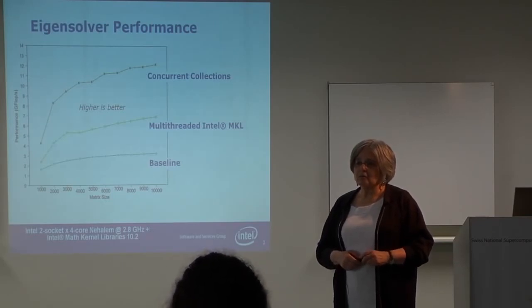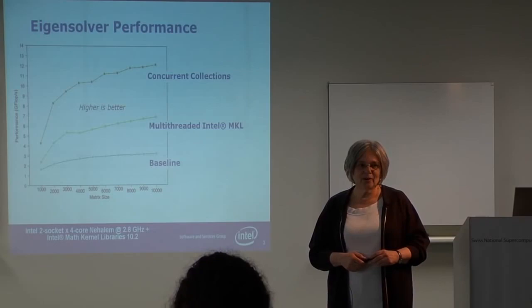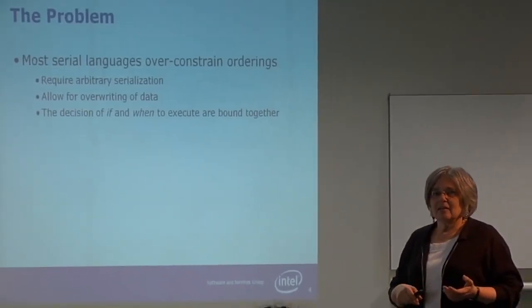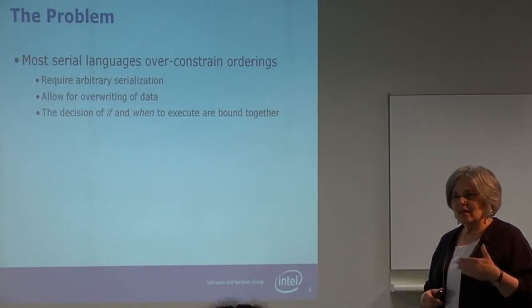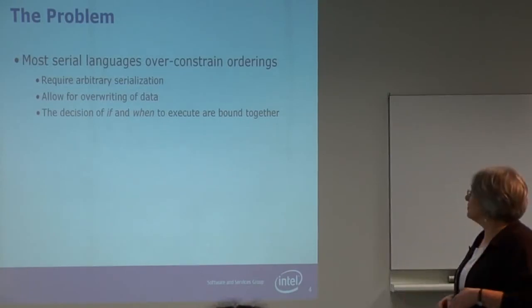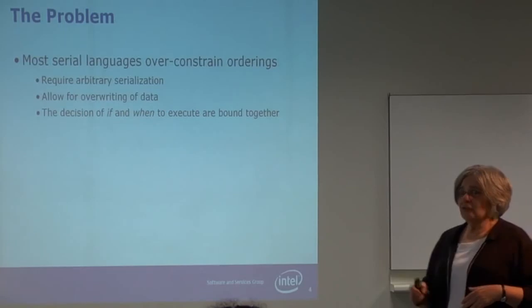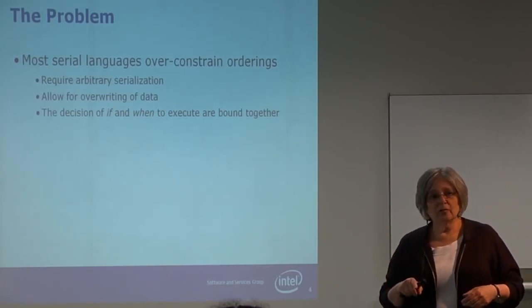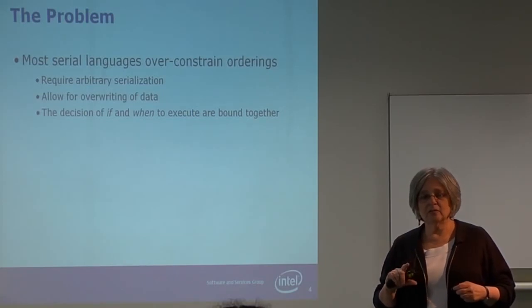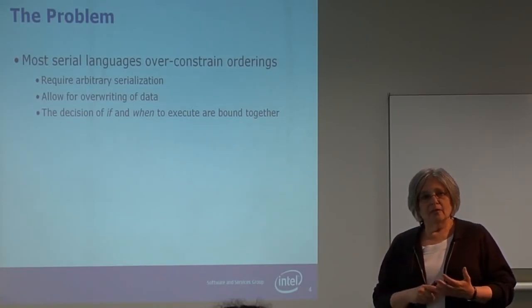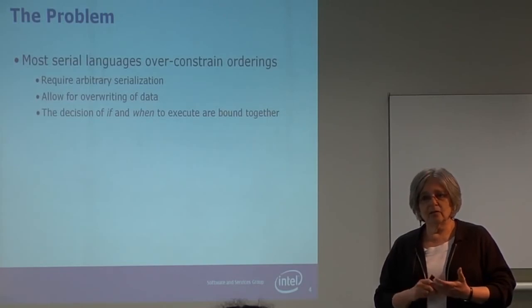We certainly plan to work on over-constraint. The programmer probably knew what the answer was, but the language they have to write in doesn't allow them to tell us. The other issue is that as you're going through the program with your control flow, you get to some point in the control where you're about to execute the next block. There's a question of if you're going to execute the code and when you're going to execute it.